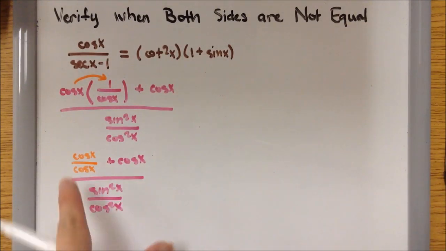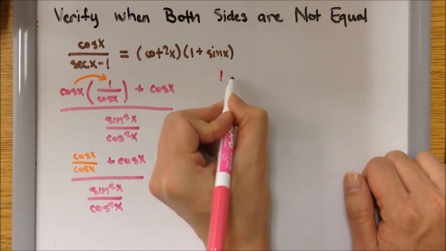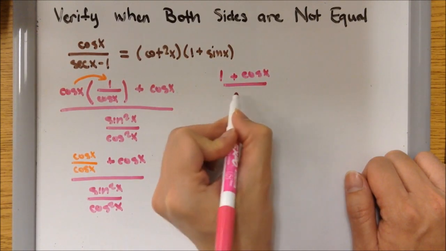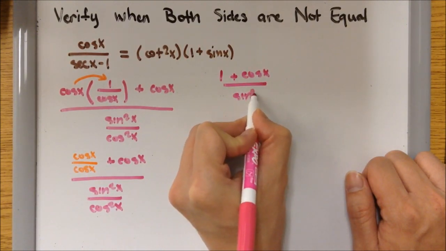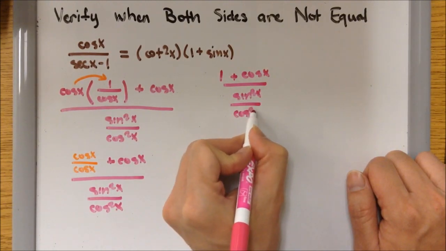But we can simplify cosine x divided by cosine x. That will simply become 1 and then plus cosine of x over sine square of x over cosine square of x.